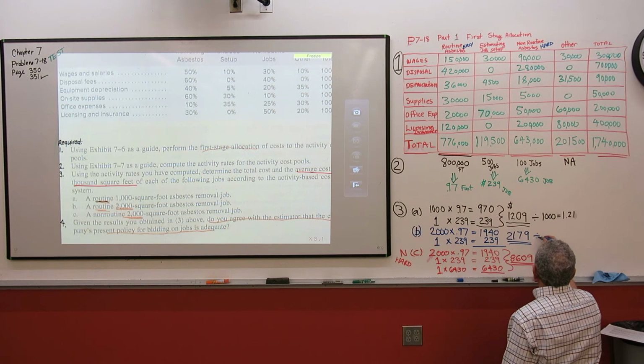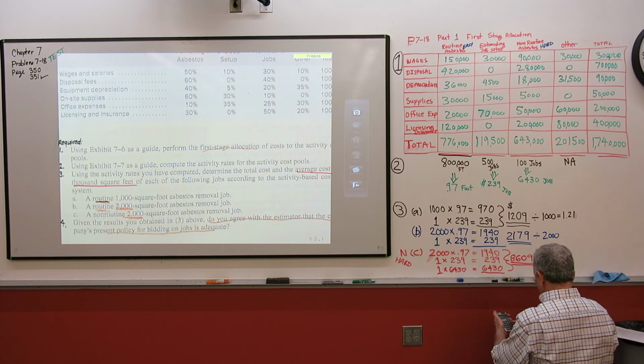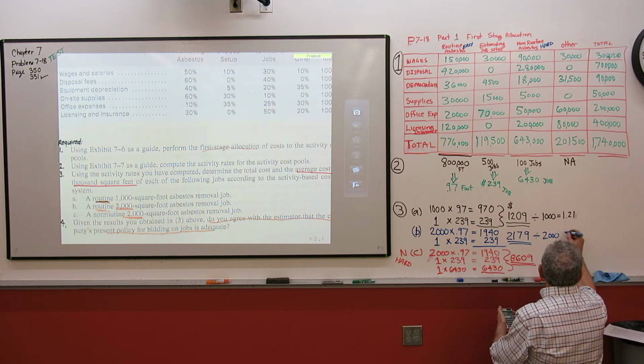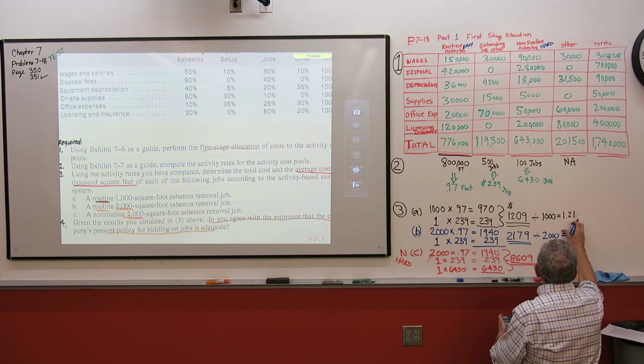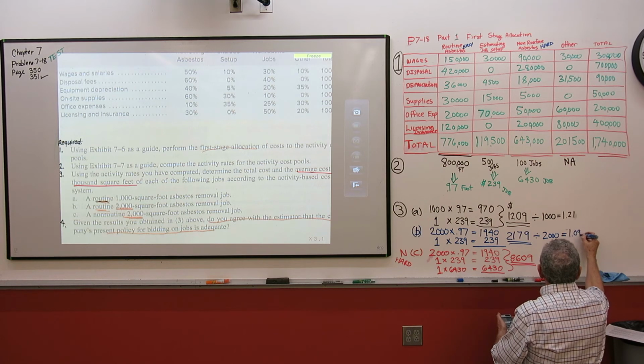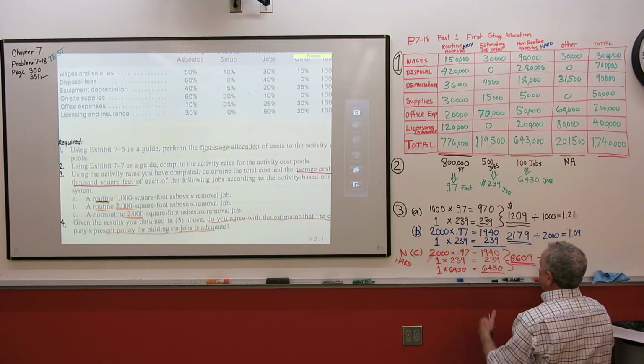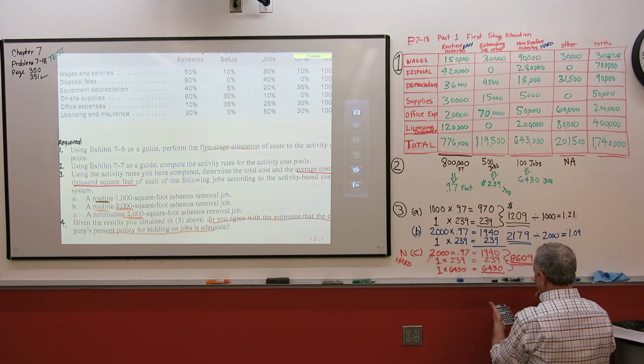Let's do the blue. Let's divide this by 2,000 square feet. 2,179 divided by 2,000 comes out to be $1.09. And finally, let's take the hard job. It was a 2,000 square foot job.